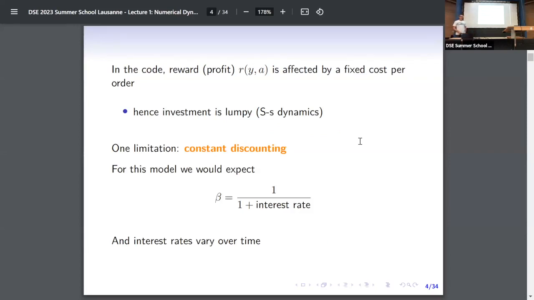It's probably unrealistic in many different ways, depending on the application. One way that it's unrealistic is that discounting is constant. So in a model like this one, where we're maximizing the present value of a firm, you might expect that the discount factor is 1/(1 + the interest rate). And the interest rate, as we know, is typically time varying.